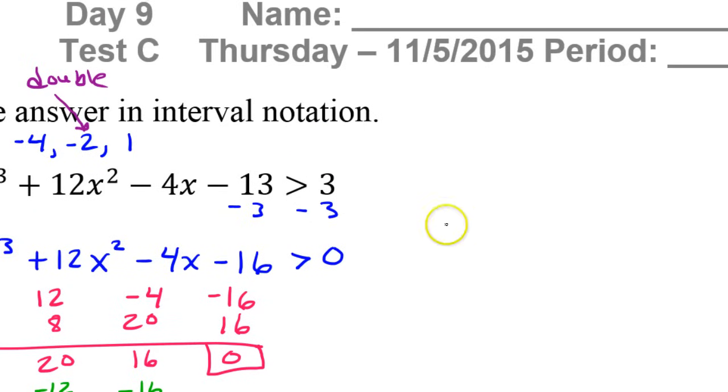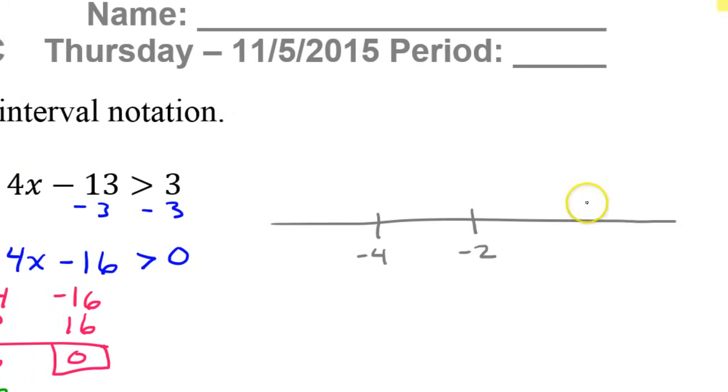So here comes my number line. Let's see. So I've got -4 and -2 and 1. Notice this is a greater than sign, not or equal to. So these are going to be open circles at these boundary points.